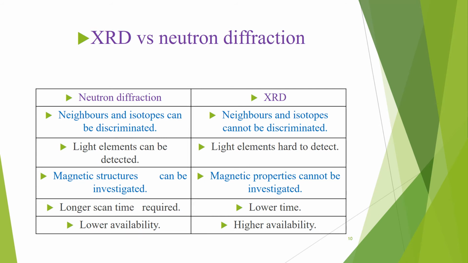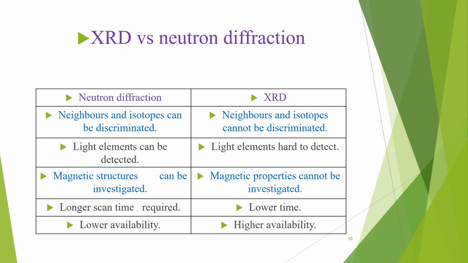In neutron diffraction, light elements like hydrogen can be detected, whereas in XRD, such light elements are hard to detect. And the magnetic structure can be investigated in neutron diffraction, while in XRD, the magnetic properties cannot be investigated.